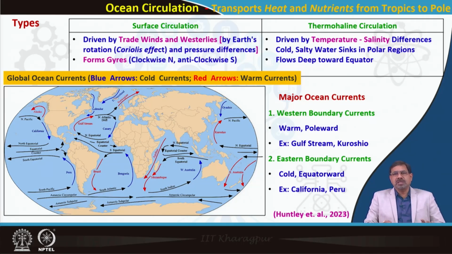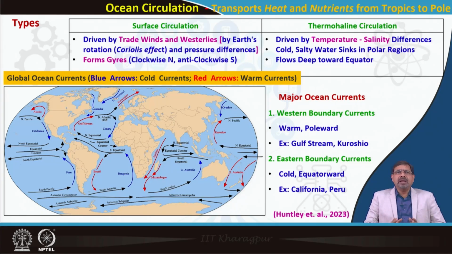When we say tropics, it is around the equatorial region, plus or minus 30, sometimes 35 degrees north and south latitude, and then we move on to the 90 degree, that is the pole, in either hemisphere, southern and northern. So through oceanic circulation we understand the transport phenomena: transport of heat and nutrients from the tropics to the poles and vice versa.